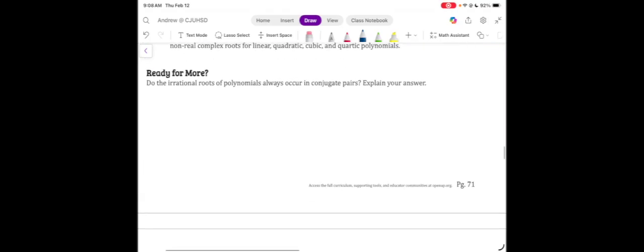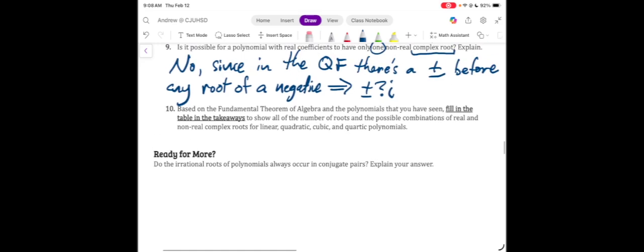Okay, so before we do this table, I just want to point something out to you. When you have a plus or minus of something, so something of the form a plus or minus b, this is called a conjugate.